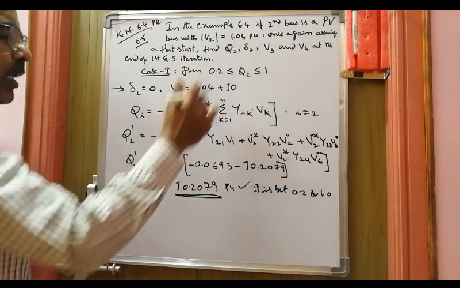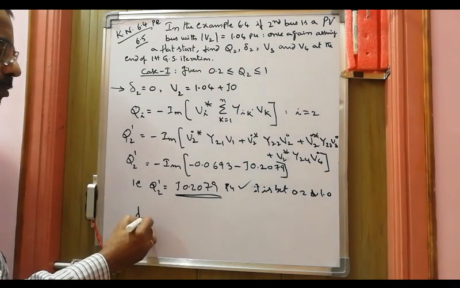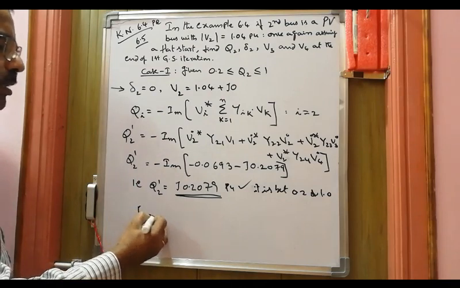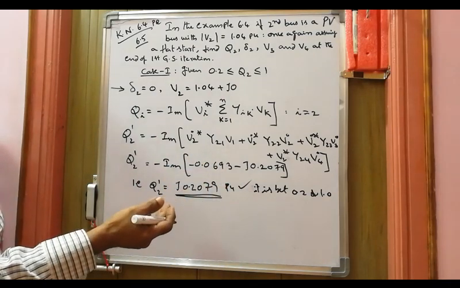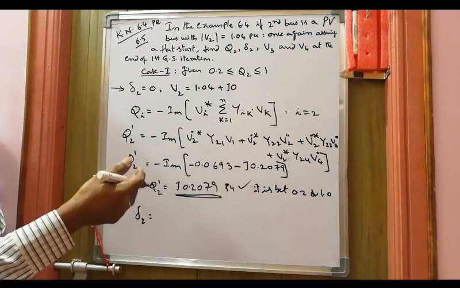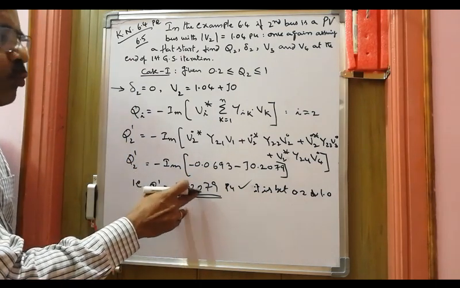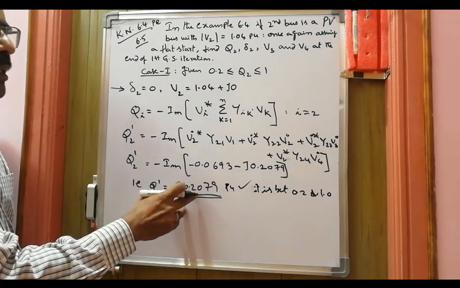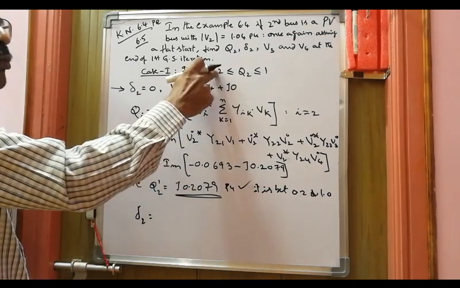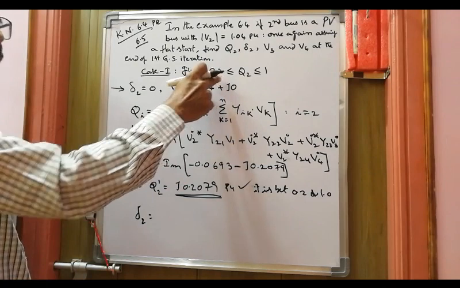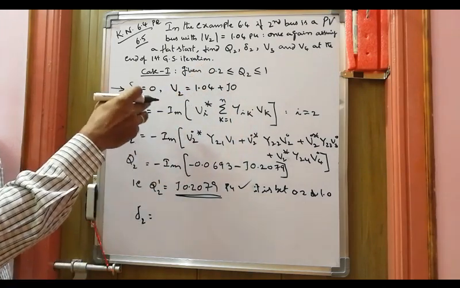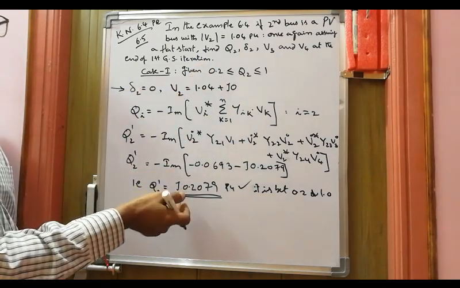Then how do you get delta 2? If it goes beyond limits, what does the algorithm say? Suppose this value is 0.21, then you need to limit it to 0.2, and that bus becomes a PQ bus.